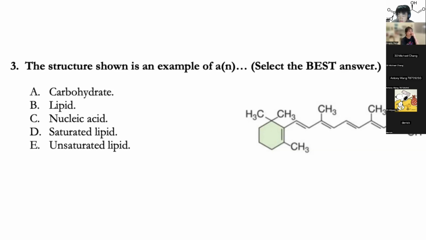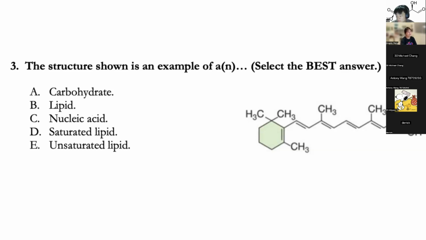I can explain why. I guess it is a type of lipid, but it says the best answer, so unsaturated lipid is the best answer. It is definitely not a carbohydrate because carbohydrates have carboxyl groups, which we don't see here, and they are usually in smaller rings. It is a type of lipid, but we'll come back to that later.